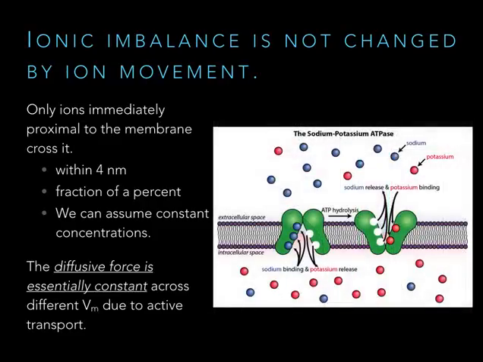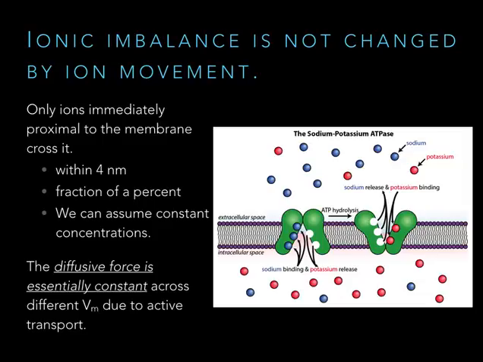As potassium leaks out, or if sodium flows in, this gets offset by those ion pumps, in this case, the sodium-potassium ATPase. We spend a molecule of ATP to remove 3 sodiums and bring in 2 potassium ions. So as potassium leaks out, we're spending ATP to bring it right back in.